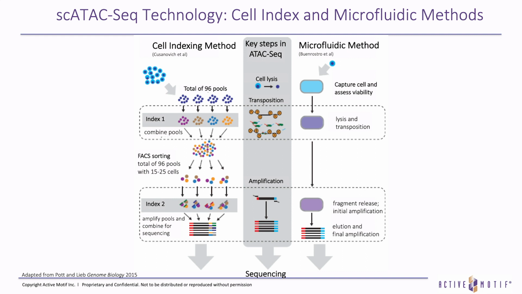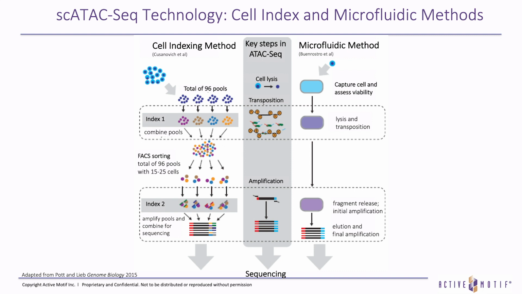The microfluidic method, on the other hand, still uses the same principles and key steps of the ATAC-Seq workflow. However, the transposition occurs at a nanoliter scale using a microfluidic device. Once that transposition event is completed, amplification is used to complete the adapter and allow for library construction for next generation sequencing.